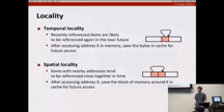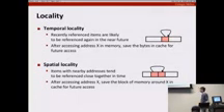These are two different types of locality: temporal locality and spatial locality. Temporal locality is accessing the same data again in the near future, and spatial locality is accessing data nearby in the near future.